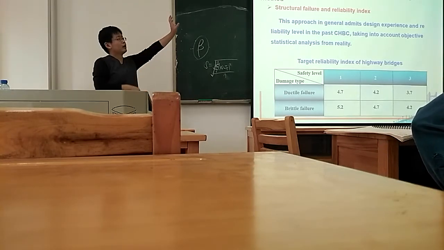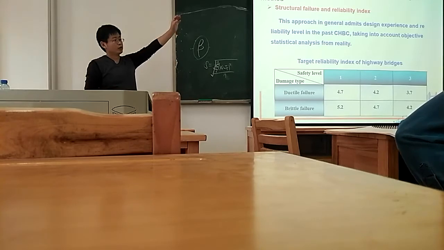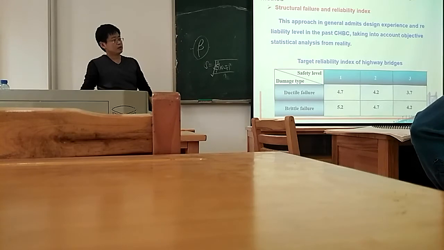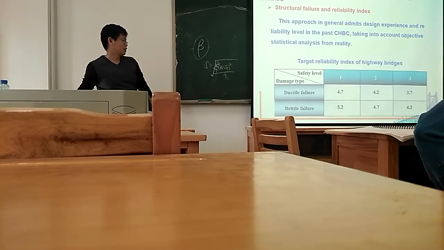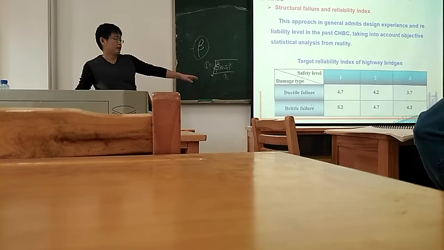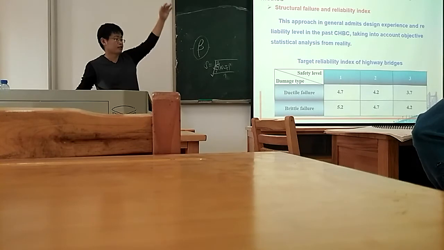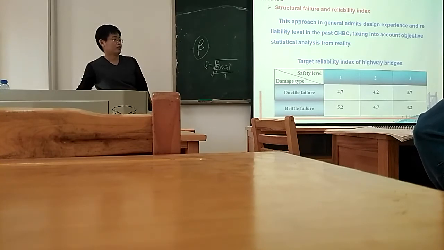You can know it's going toward large deformation, and if this keeps going, it's going to collapse. But for brittle failure, maybe at the beginning you don't know what's happening, and it happens suddenly. So this situation is more dangerous, and the requirement is more strict.